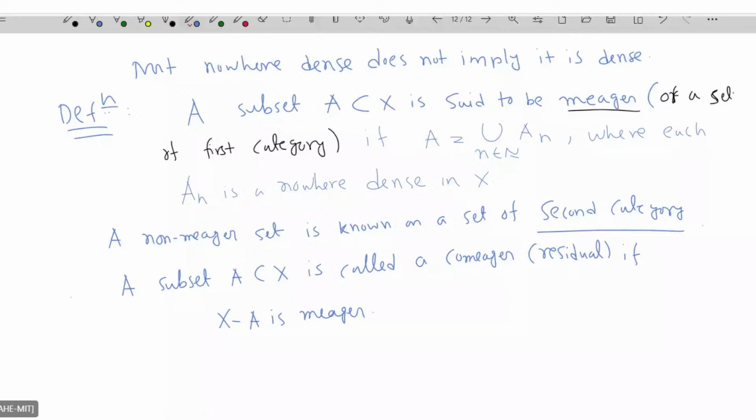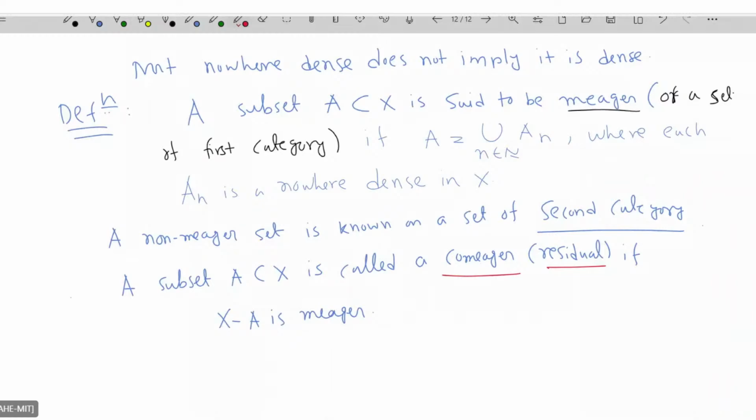So the complement of a meager set is called co-meager. Just remember this complement: from there we have the word co-meager, complement of meager, also known as residual. Residual subset or co-meager subset.